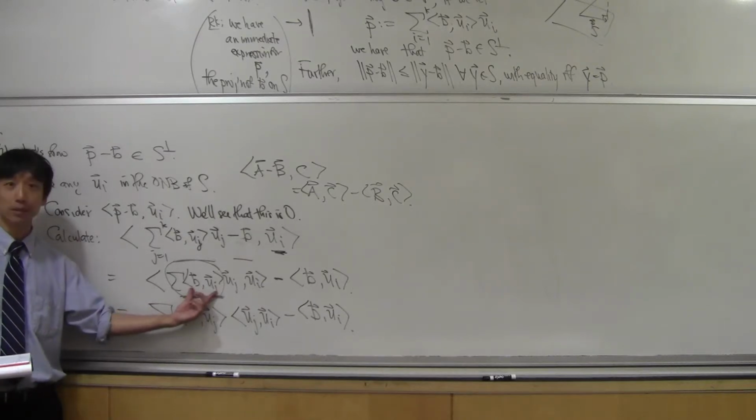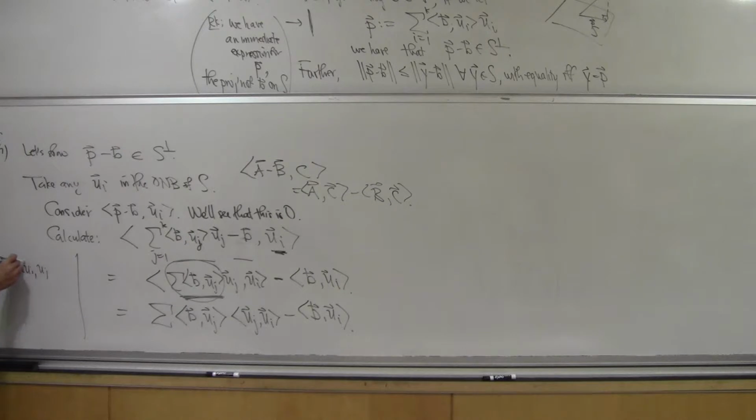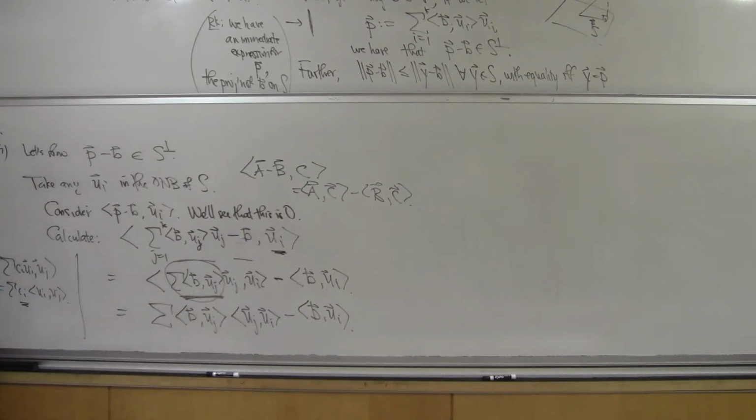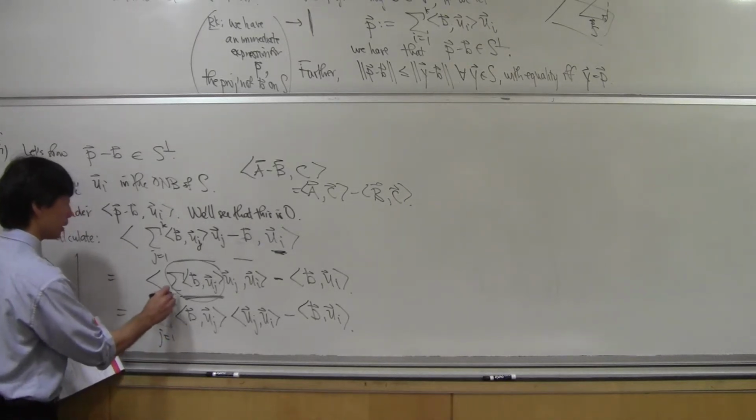These are scalars, these are numbers, so I can pull those numbers out. Like if I have summation Ci Ui against Uj, that's the same thing as summation Ci times Ui against Uj. It's just that my constants are themselves inner products, so it looks more complicated. As J goes from 1 to K.